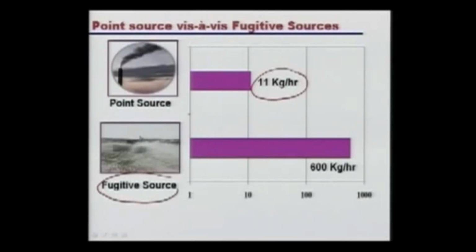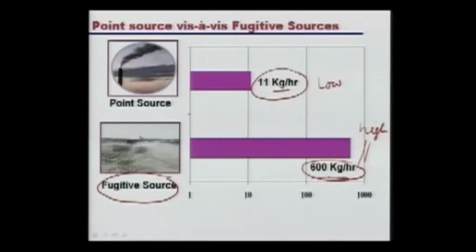And you see here the fugitive source was way higher. We have spent a lot of money, but we have to be serious. The major problem is here. We have controlled this, fine, very good, but we also need to control this.